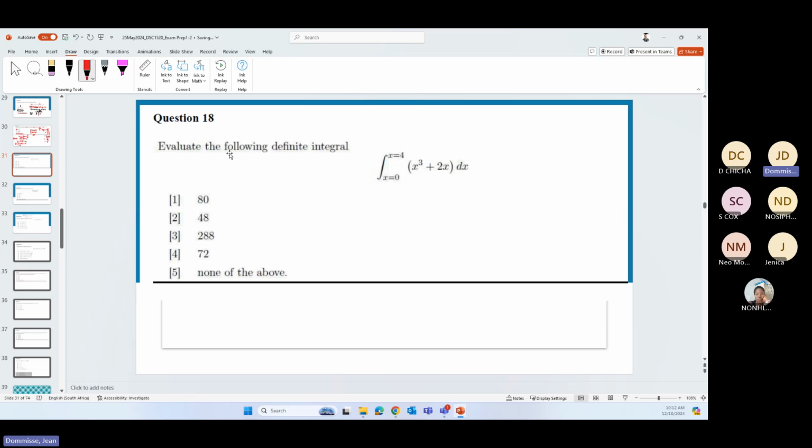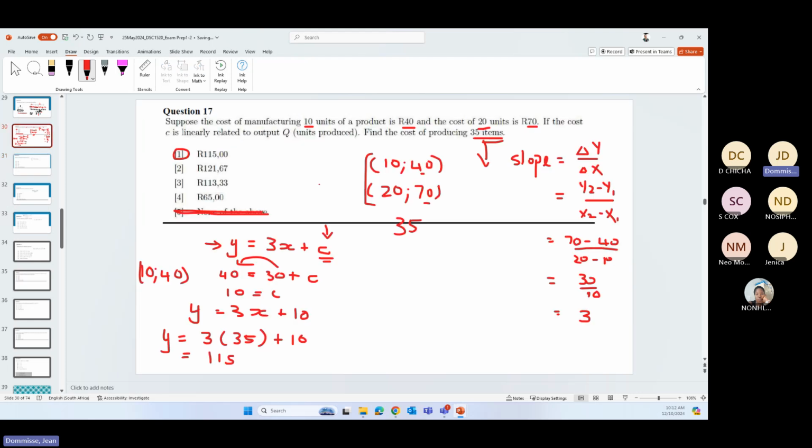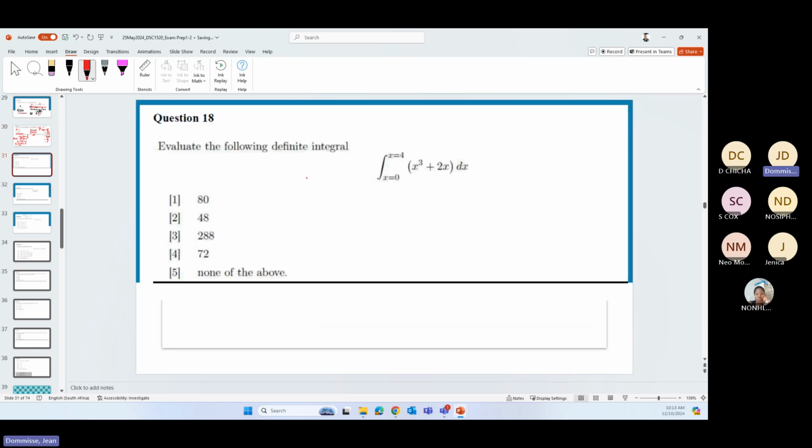You nearly know that your last question is of the last study unit. DSC, they like to mix it up, so you can start with integration as your first question and end up with a linear inequality as your last question. Kind of, they do throw the questions in between. So again, we now had a nice slope that is study unit 2, and from there you now go into study unit 7 and or 8 of integration.